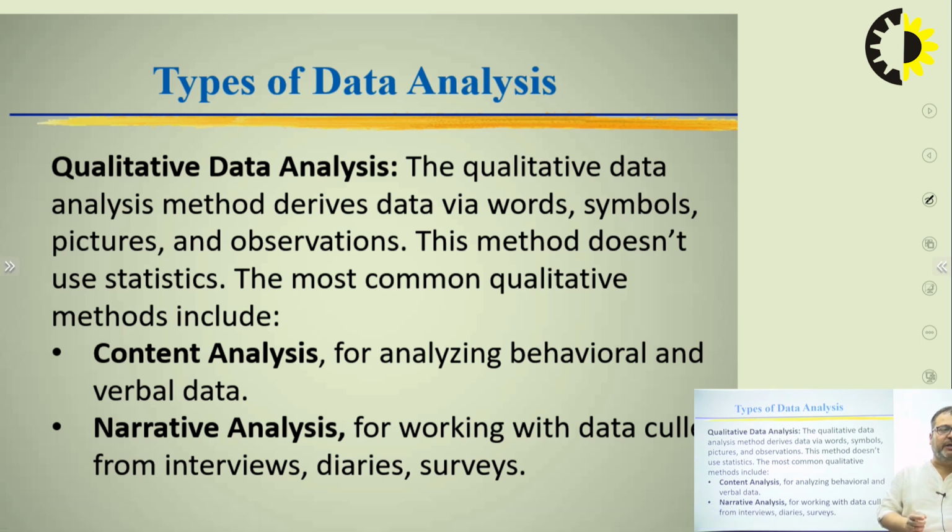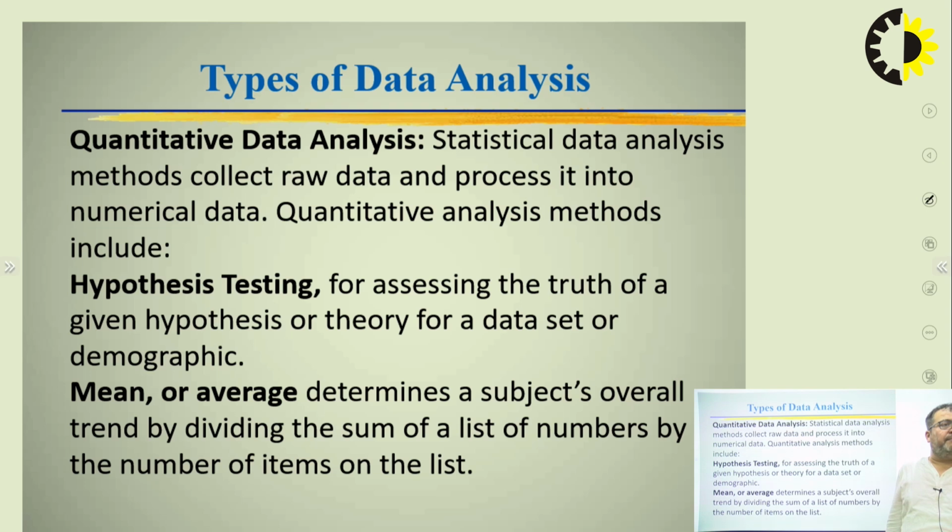This method does not use statistics. The most common qualitative method is content analysis, which we use for analyzing behavior and verbal data. For working with data culled from interviews, diaries, and surveys, we call it narrative analysis.